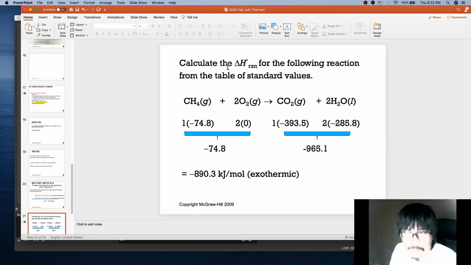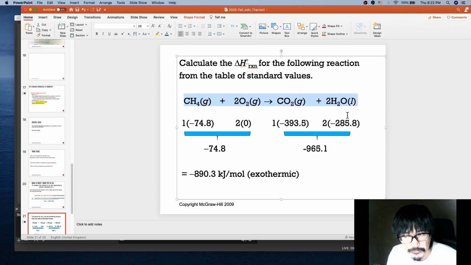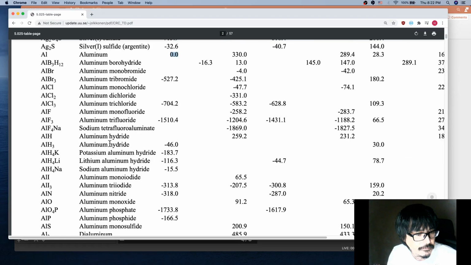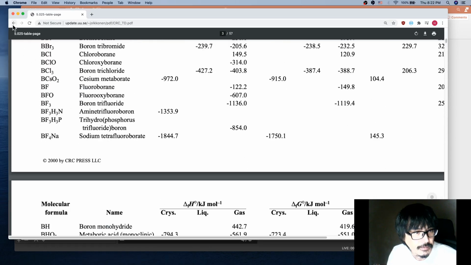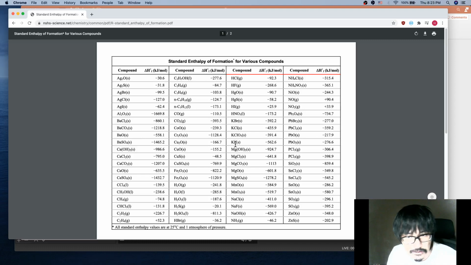For this example, you have methane and oxygen reacting to make carbon dioxide and 2 H2O. So you go to the table. Let me use the Jazz one, because it's a little easier to look up. H2O liquid and H2O gas are different: one is negative 285, the other is negative 241.